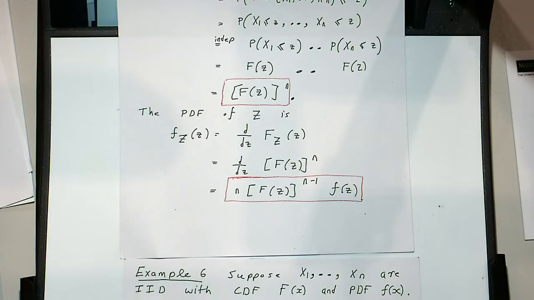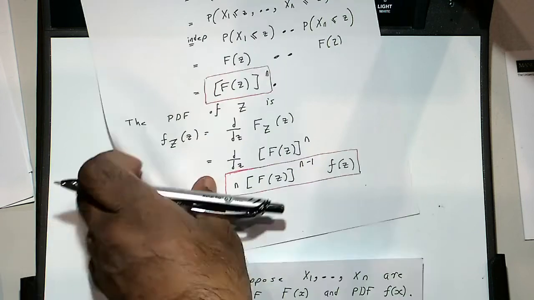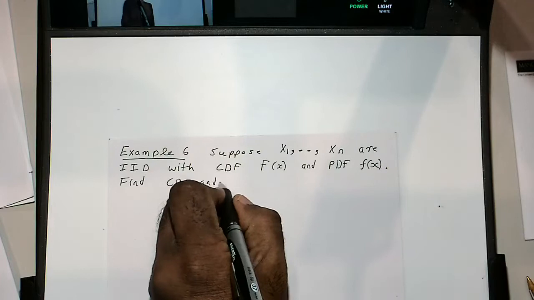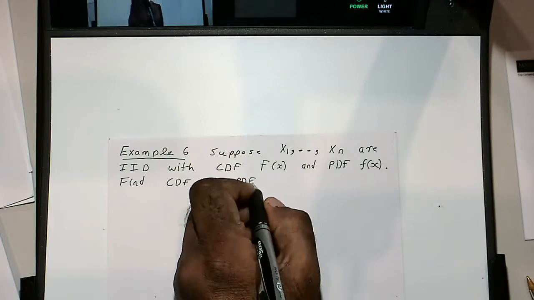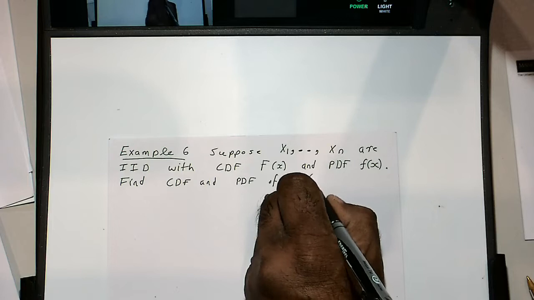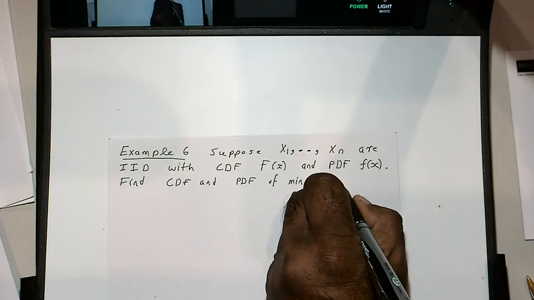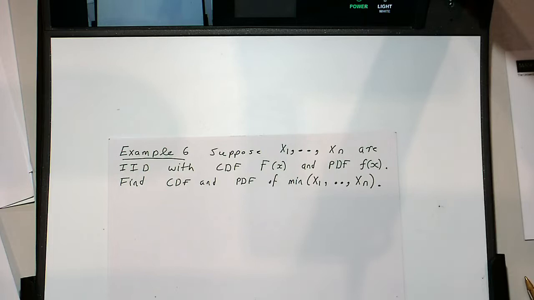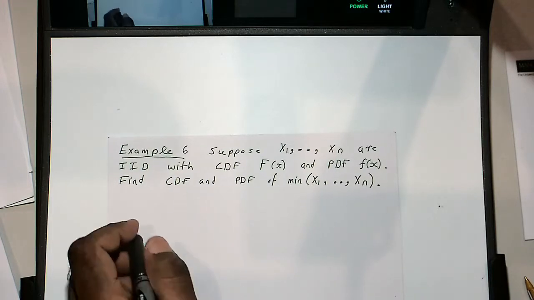In this example, I would like to find the CDF and the PDF of the smallest data point, which is the minimum. This is slightly different from example 5.